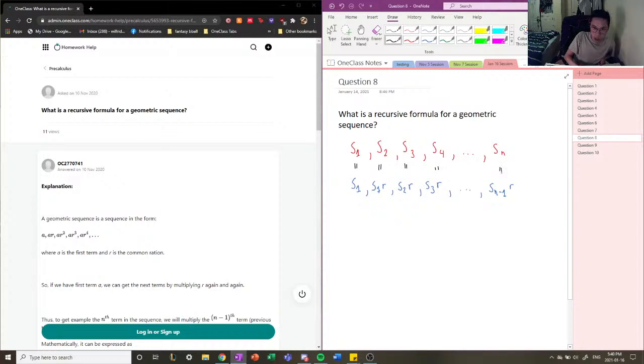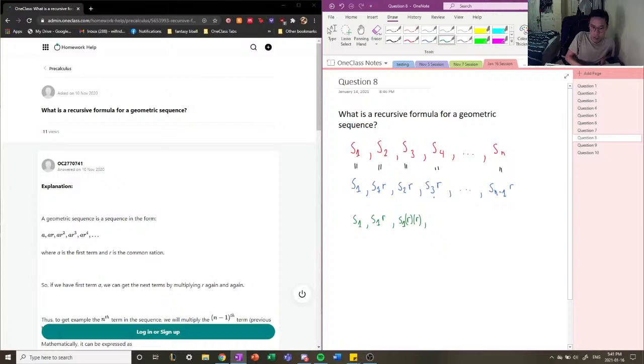There's another way to describe the terms in a geometric sequence, and we relate it to the first term. Okay? So S1 stays the same again. S2 is S1 times R, right? But S3, which is equal to S2 times R, can also be written as S1 times R times R. Okay?